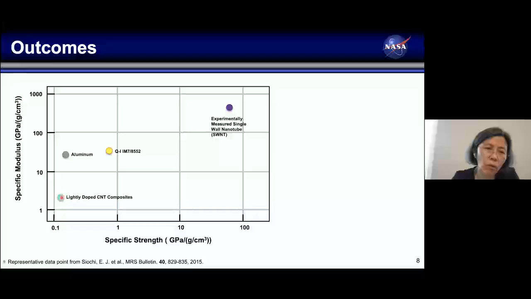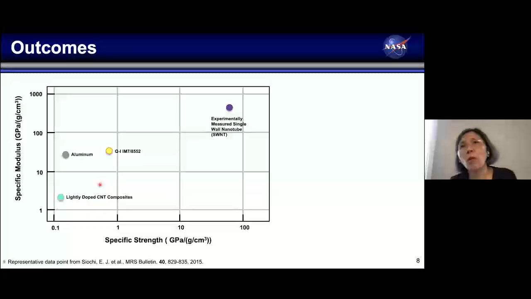And so, on their own, if you did not plot the properties of these lightly doped composites on this plot, what it showed was relative to the matrix. I mean, these composites are basically made with polymer that were doped with this powder at very small quantities.